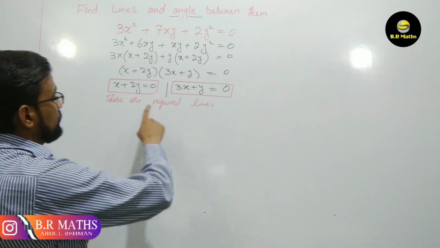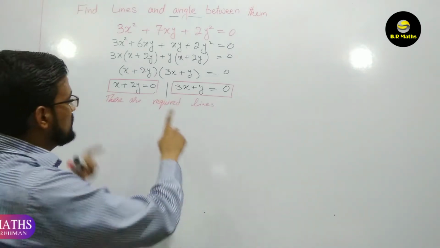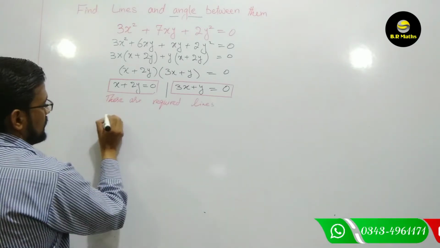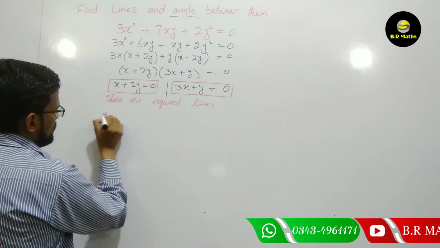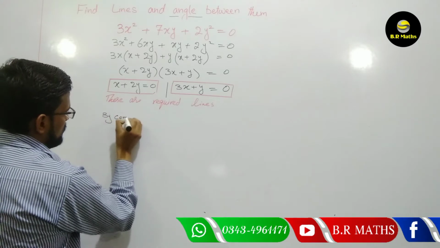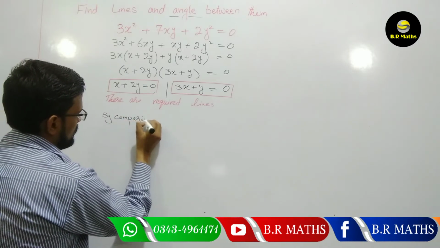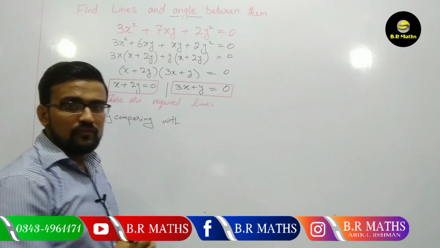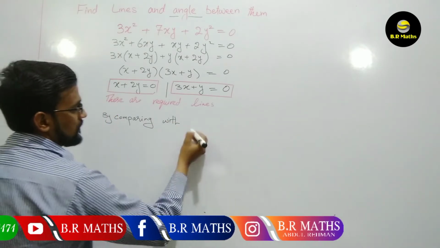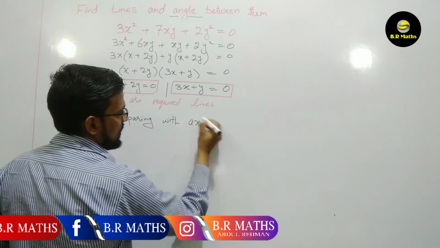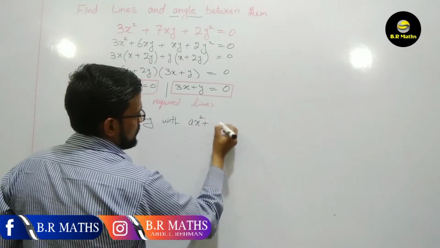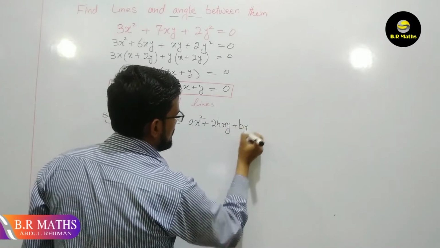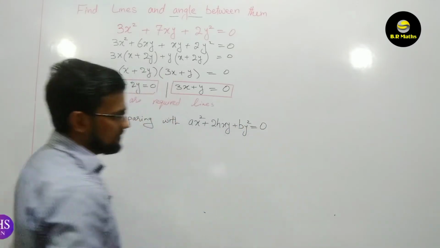To find the angle between these two lines, compare this equation with the standard form according to the formula: ax square plus 2hxy plus by square equals 0.